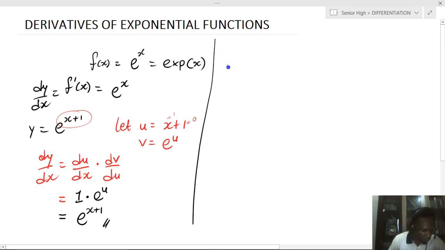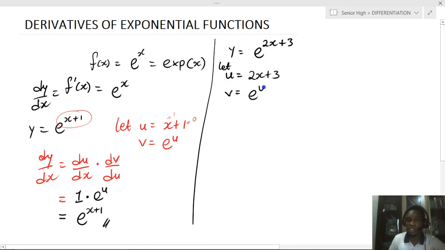Let's say we're asked to differentiate exponential of 2x plus 3. So y is equal to exponential 2x plus 3. Now what do we do here again? In this case, we say let u be equal to 2x plus 3, and our v will be equal to exponential u.